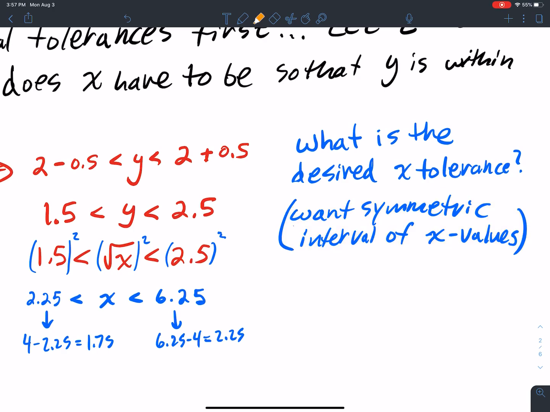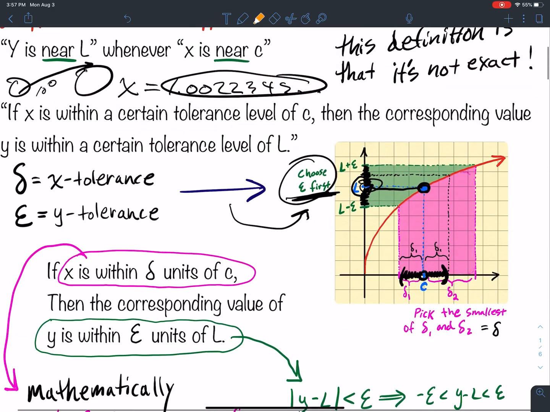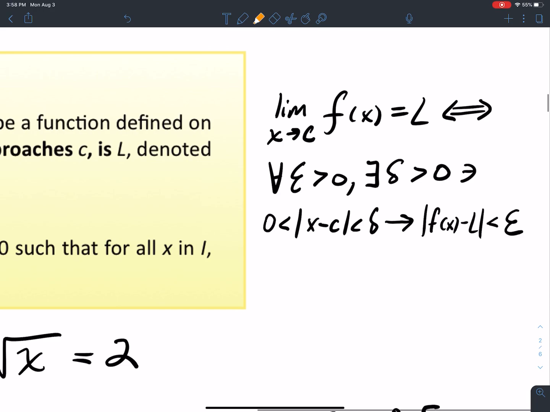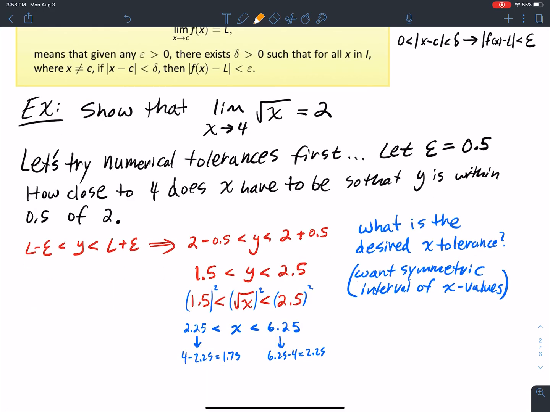And you saw from this picture that we had up here, if we just picked delta 1 and then delta 2, the limit is not in the center of that interval. We need it to be symmetric. So how do we do this? Well, we do this by picking the smaller of the two deltas, and then we get this symmetric interval going on here.